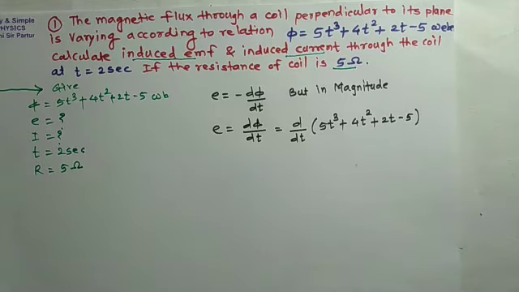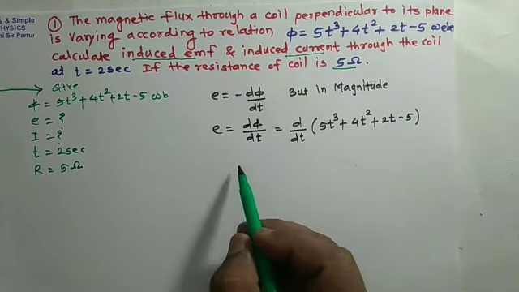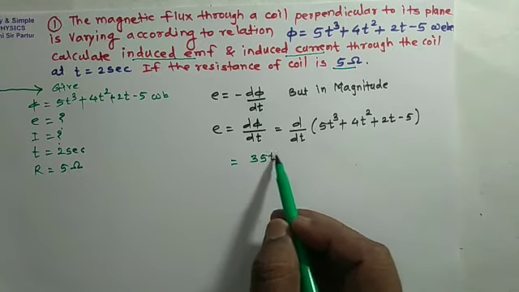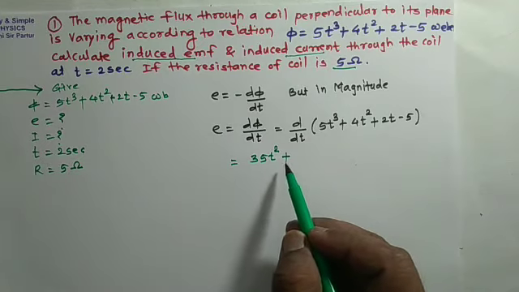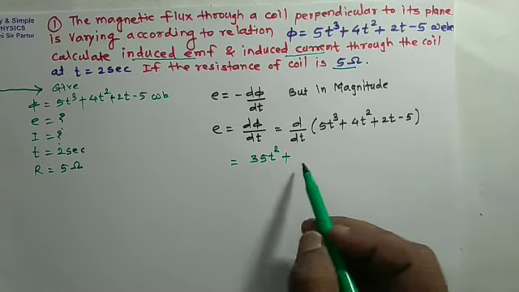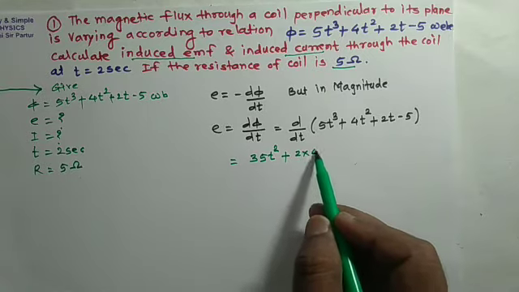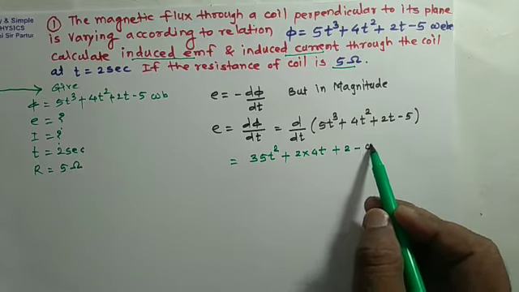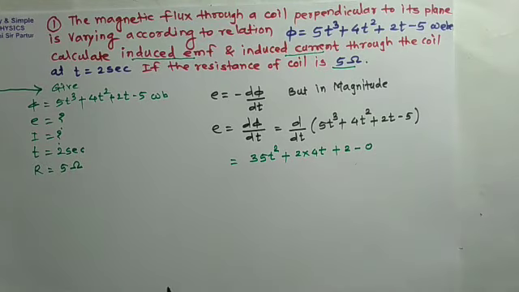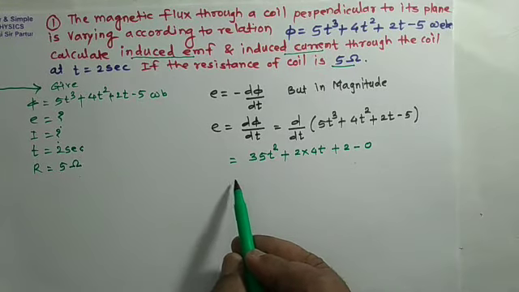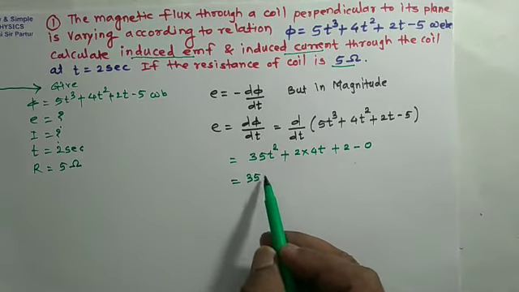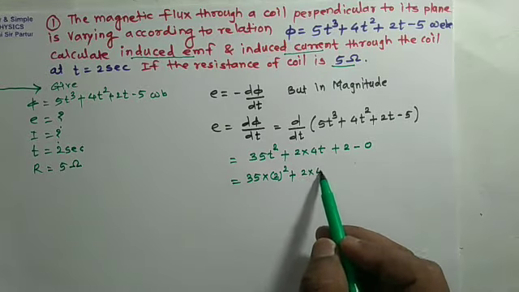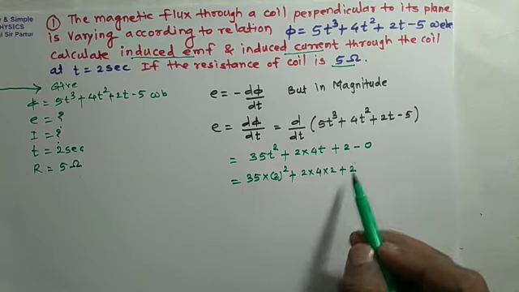So if we find its derivative, it will be 3 into 5 t square plus 4 into 2 multiplied by t plus 2 minus 0. Then we can take time, that is 3 into 5 into 2 square plus 2 into 4 into 2 plus 2.